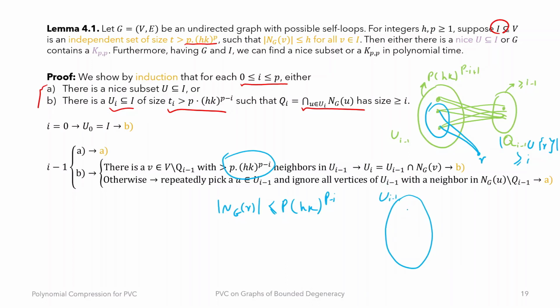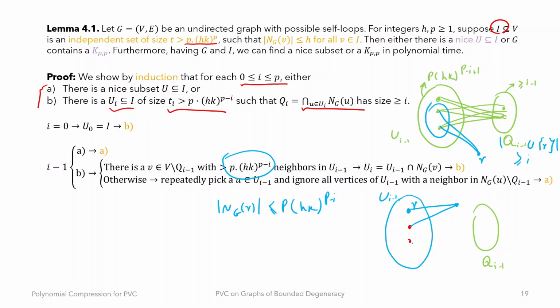In this case, we pick a vertex V in U_{i-1}, and then we remove all vertices that have a common neighbor with V outside Q_{i-1}. So Q_{i-1} is the intersection of neighbors of all vertices, but they can have pairwise common neighbors outside Q_{i-1}.